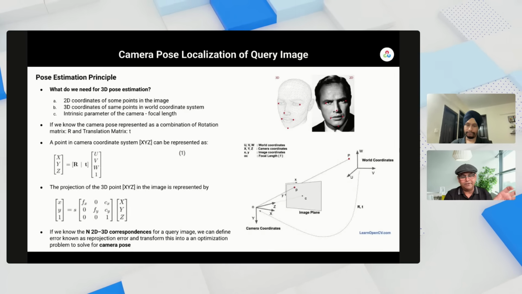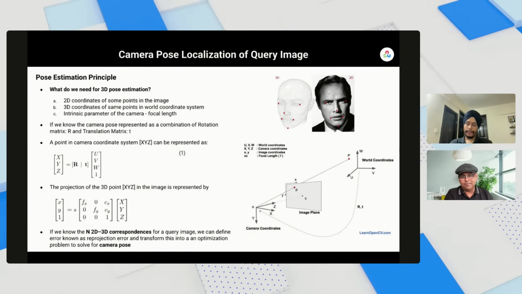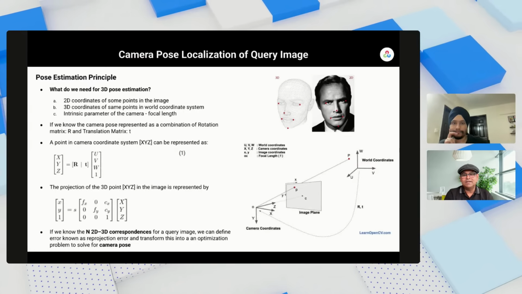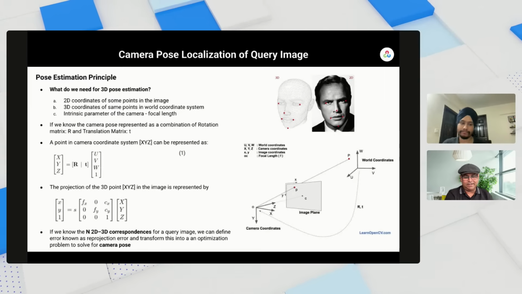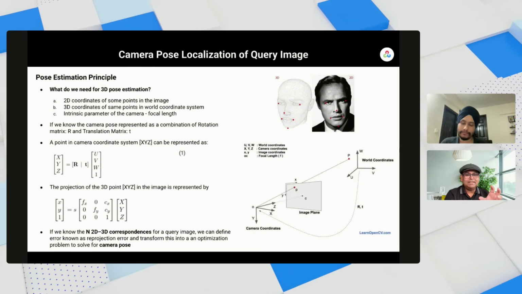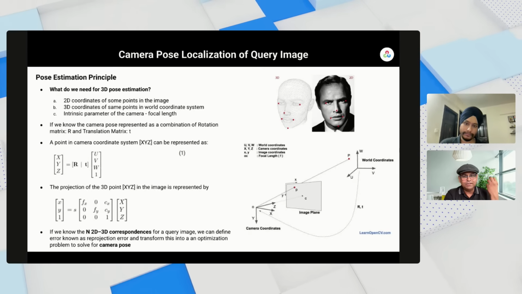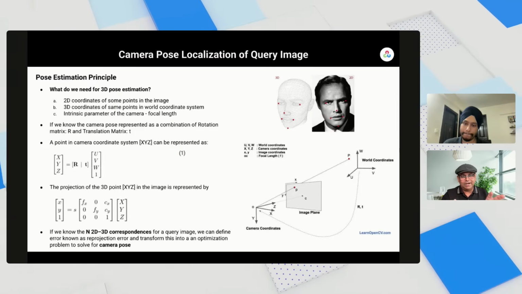Rotation is a 3 by 3 matrix, in this case it would be a 4 by 4 matrix, and the translation would be a vector, right? So basically this gives us the orientation of the camera with respect to the world coordinate system, right?